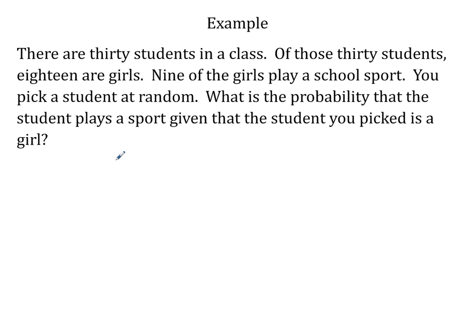So if we know that the person we picked is a girl, that means we have 18 possible outcomes now, because we know it's a girl. Of those 18 girls, 9 of them play a sport. So our chances that this person that we picked plays a sport, given that it's a girl, is 9 out of 18, or 1/2. You can also say 50%.